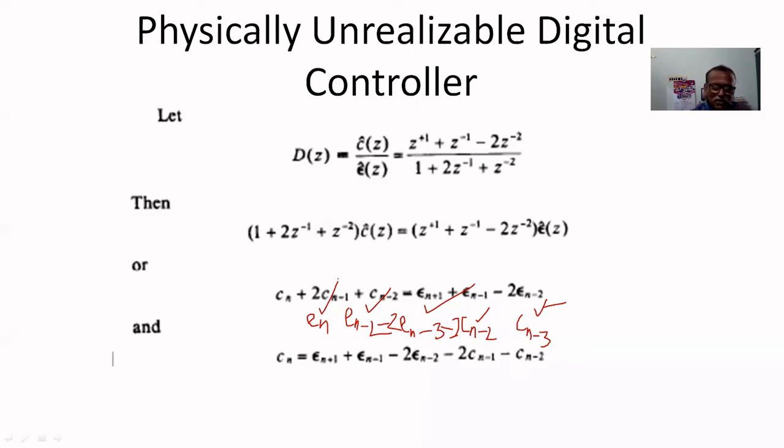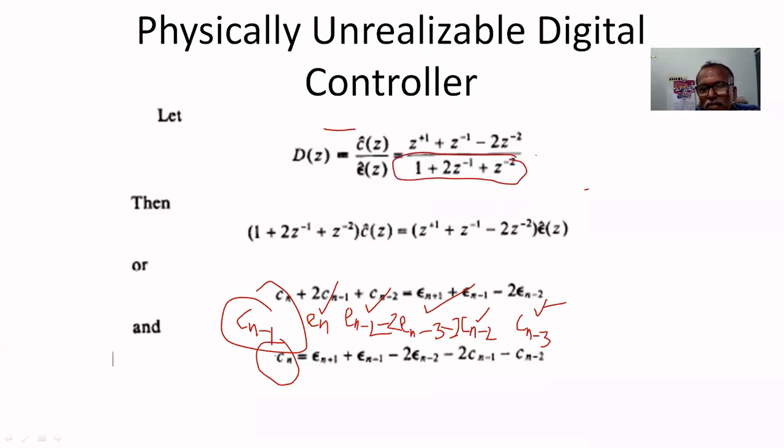Yes, it's working. But what happens on the left? It is c of n minus 1, not n. So every term must be multiplied by z power minus 1. It is the previous controller output, not the present controller output. So how to check, sir? You should check that the denominator must have a constant term.